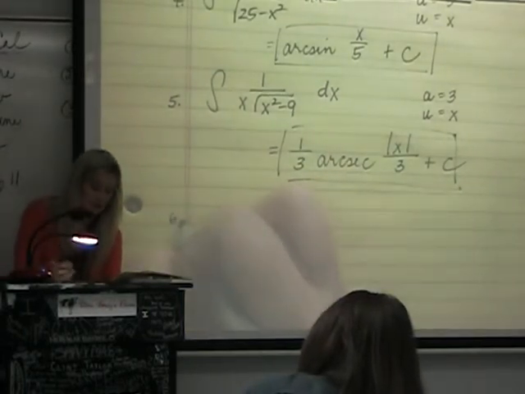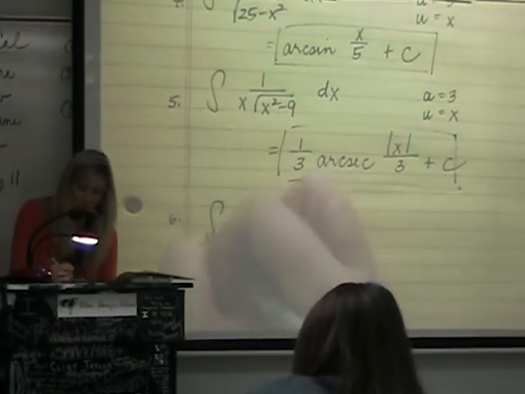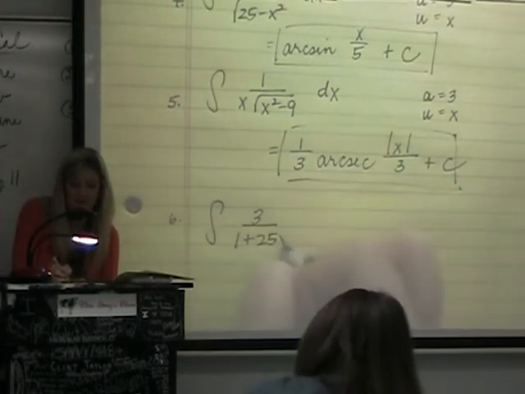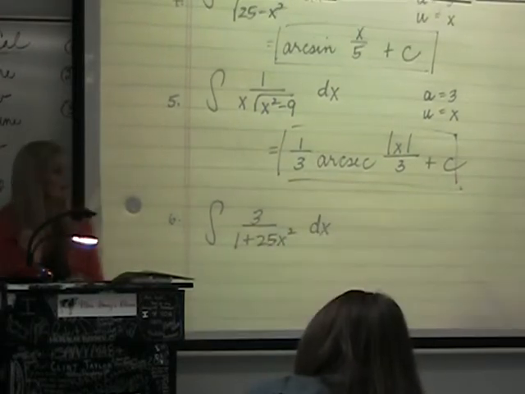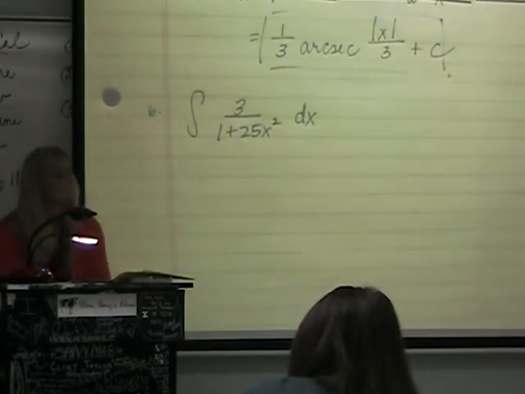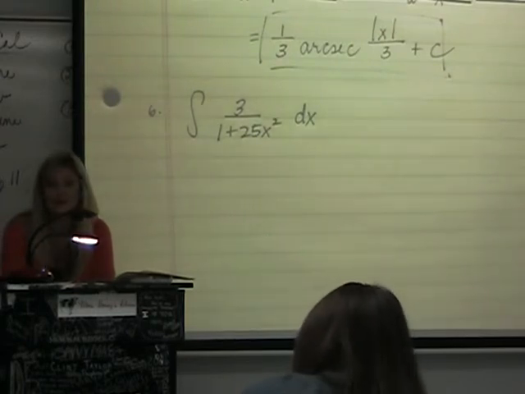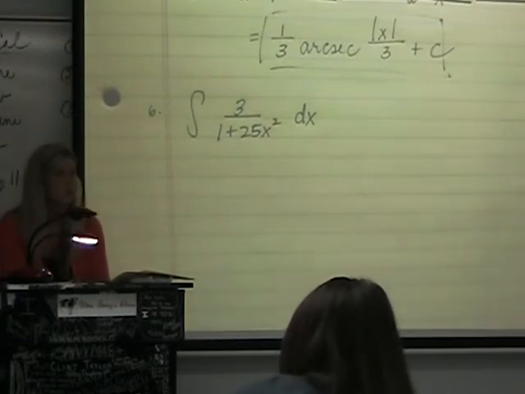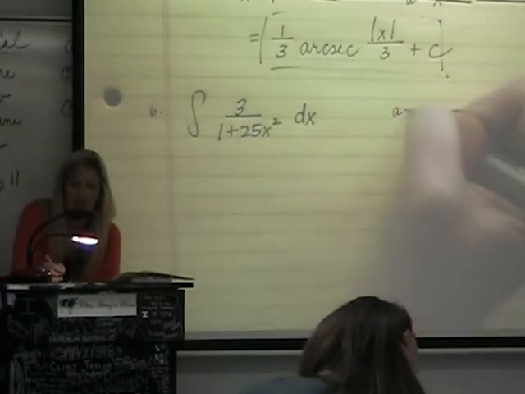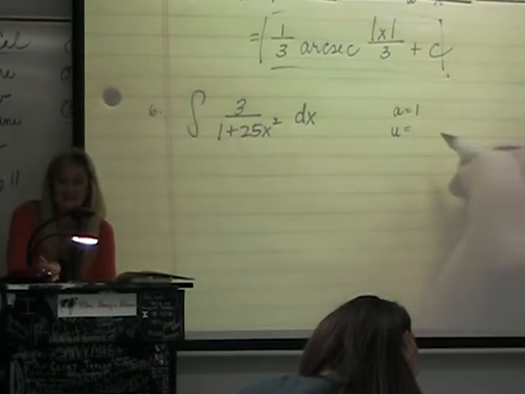Okay, how about this one? How about the antiderivative of 3 over 1 plus 25x squared dx? You know it's the tangent one, right? What is my a value? a is 1. u in this case is 5x.